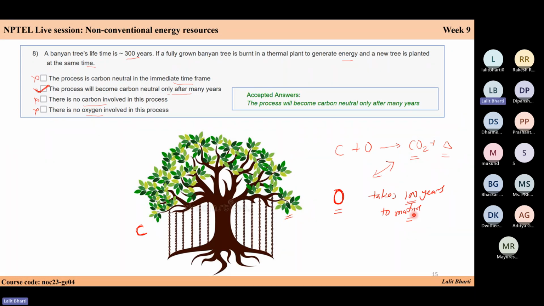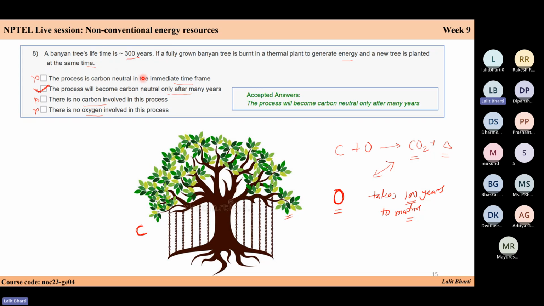Then we have a question on the CO2 productions. The question says a banyan tree's lifetime is 300 years. If a fully grown banyan tree is burned in a thermal plant to generate energy and a new tree is planted at the same time, consider the lifetime is 300 years.